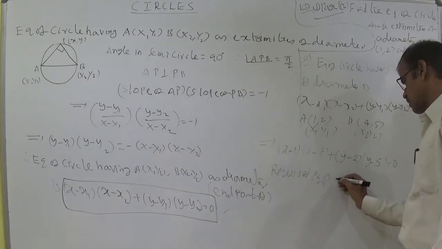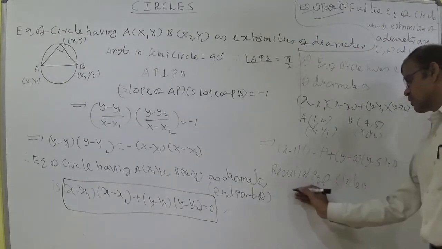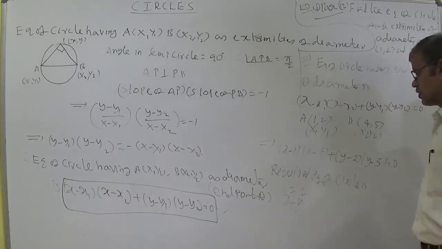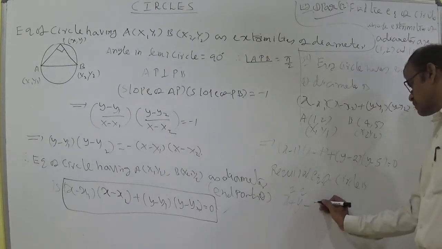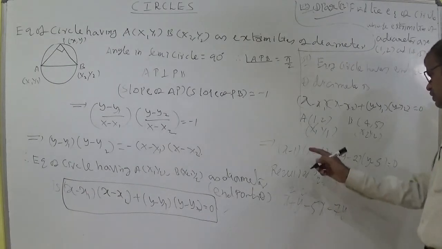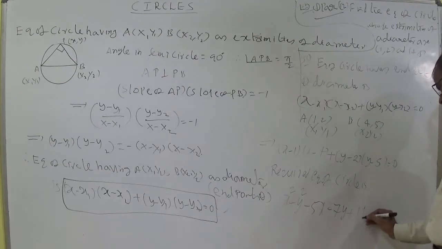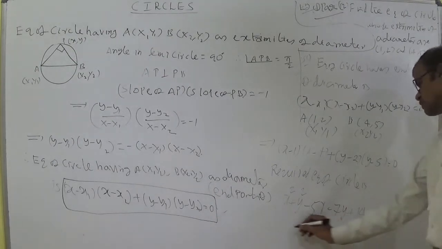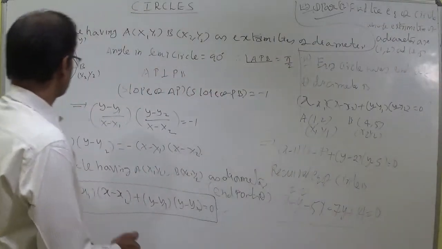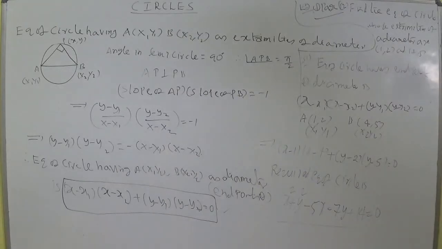By expanding we get x square plus y square minus 5x minus 7y plus 4 plus 10, this is 14, equal to 0. x square plus y square minus 5x minus 7y plus 14 equal to 0. This is the required equation of circle we found here.